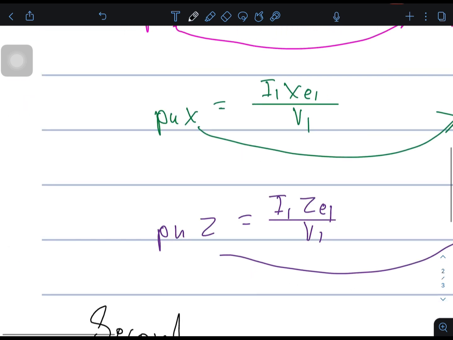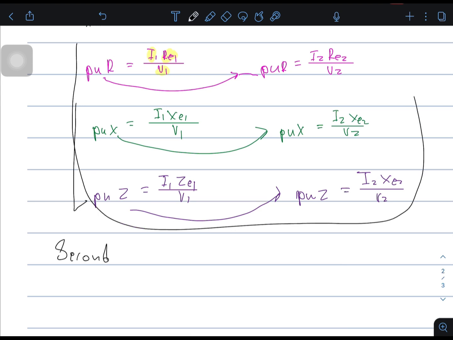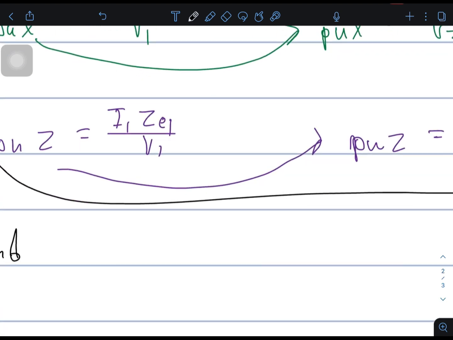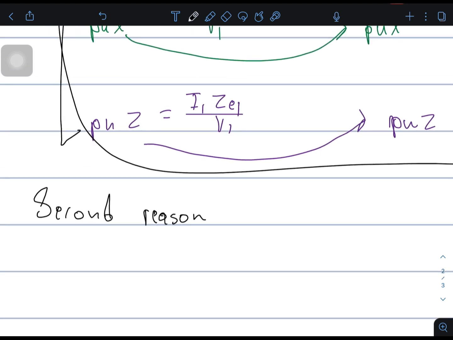Then you use the formulas I've just written down. In order to calculate the voltage drop due to resistance and reactance, we normally need to know the value of current.